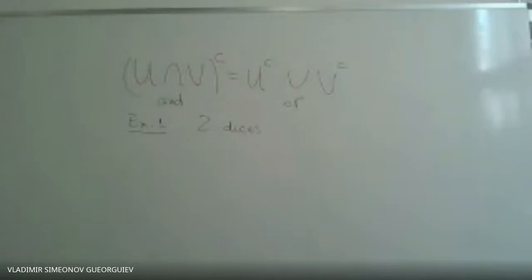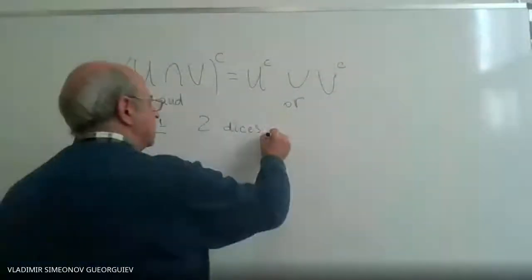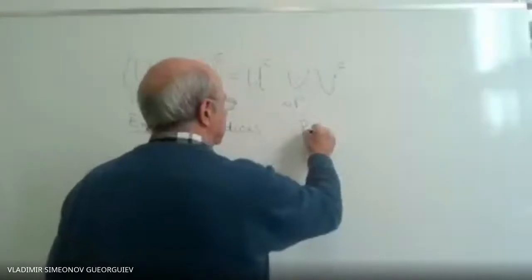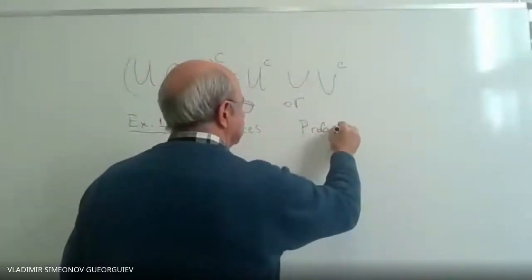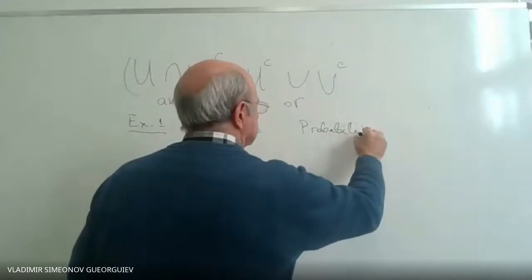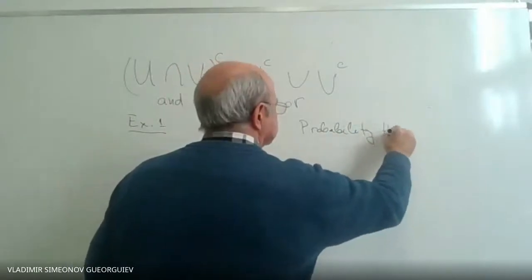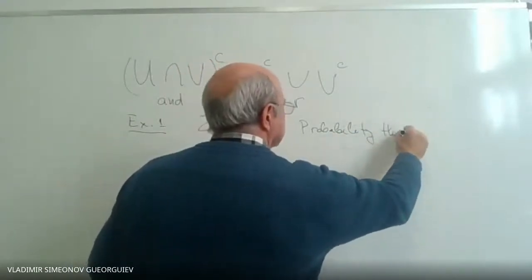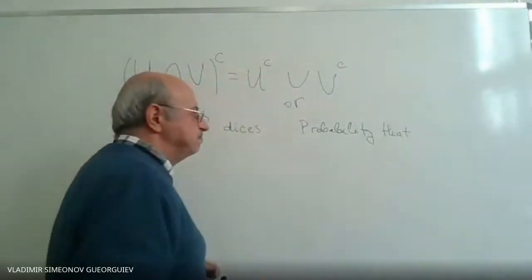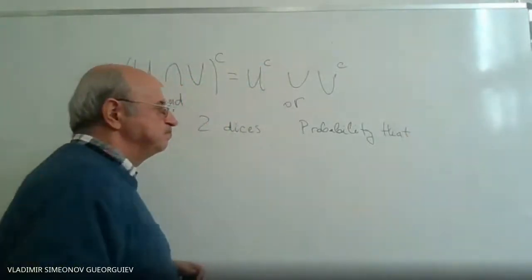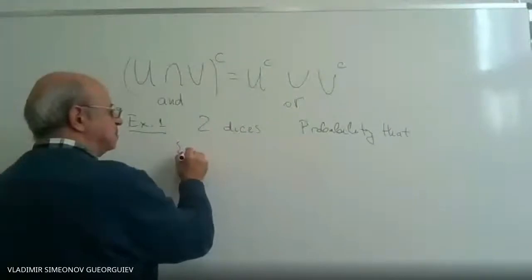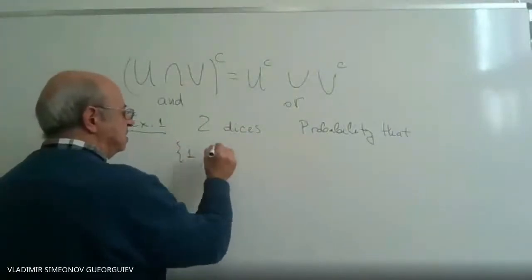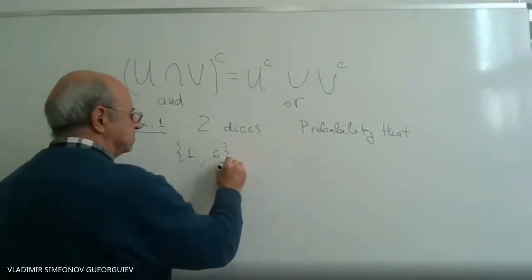Let us compute, for example, the following thing. Probability that the result is, for example, first dice 1, second dice 6.